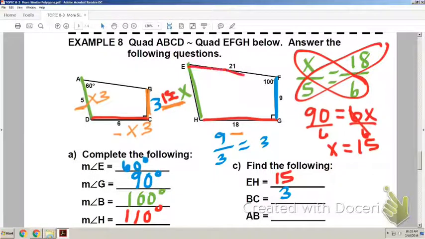We can take EF, 21, and since we're looking at the big polygon first, divide it by 3, which is what, Bradley? 7. Good job. So AB is 7. But you can still set up your proportions like we did for x if you want to. But once you know the scale factor, it may be easier for you to just use that.